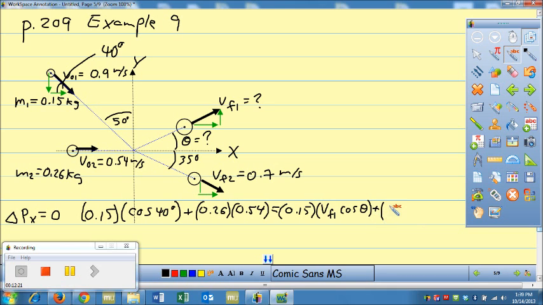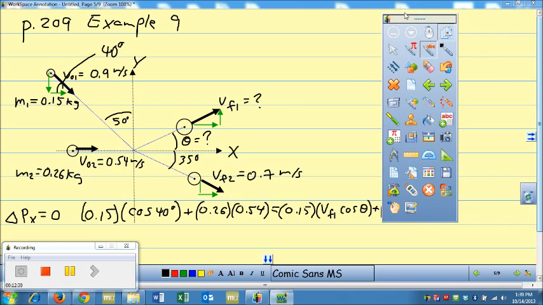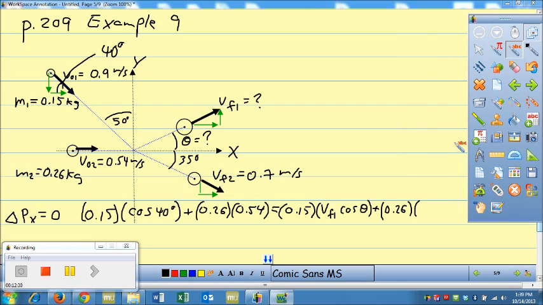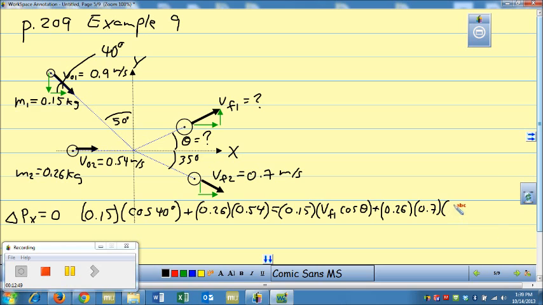Plus m2, which is 0.26, times v final 2, which is 0.7, times cosine of this angle here, which is 35.